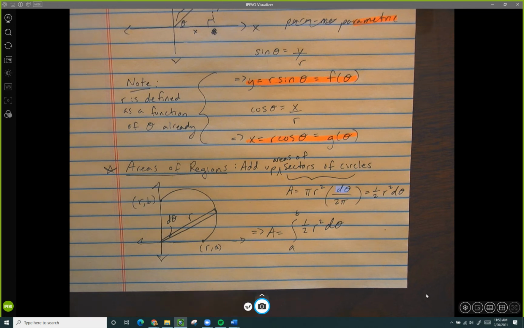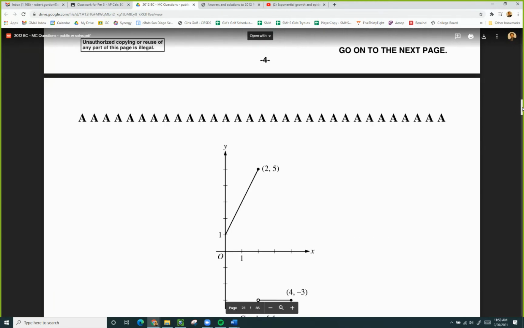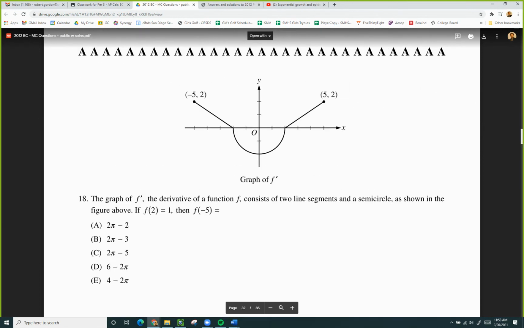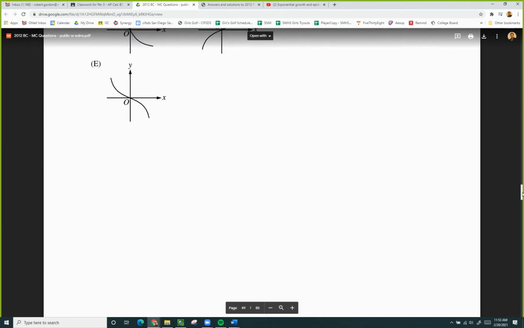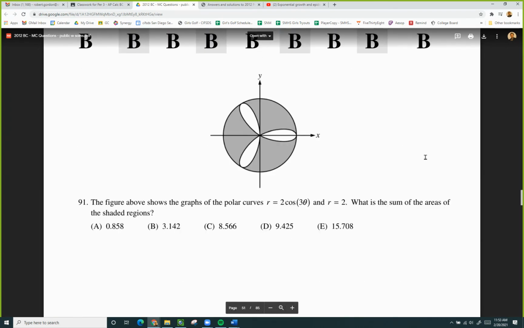So now, what problems involve polar coordinates on your practice test that we just took? 91. Okay. Wait, that might be polar curves.